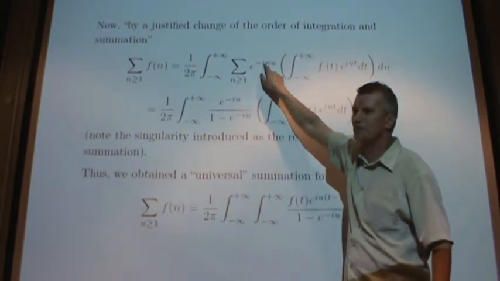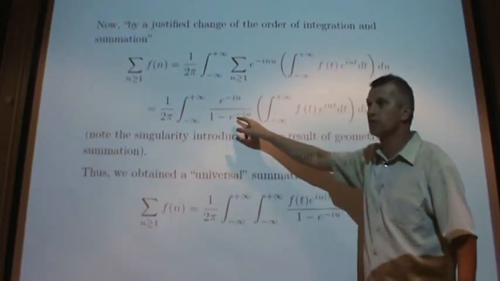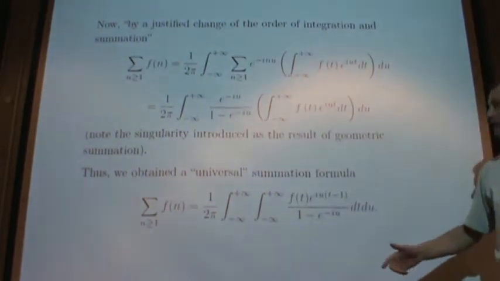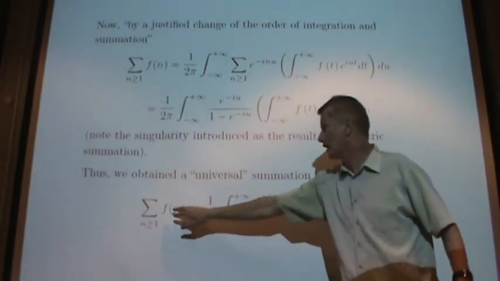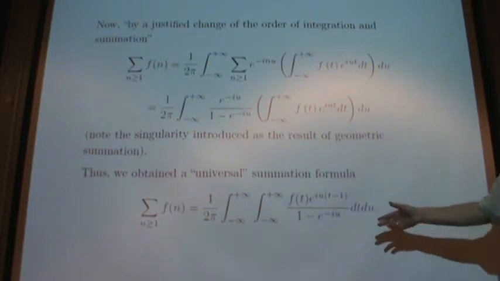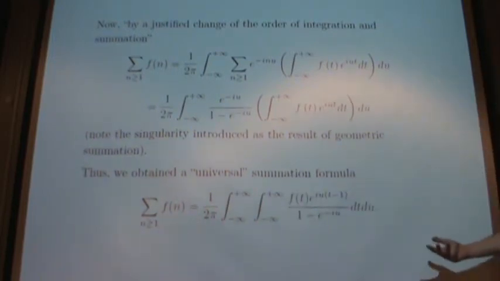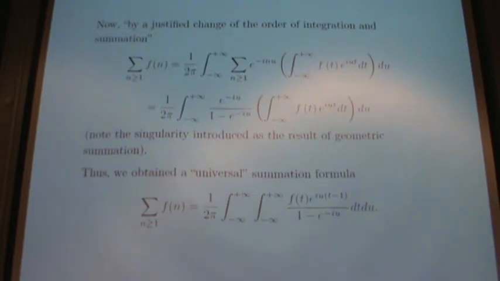Everybody knows what a geometric sum is. So we get a universal summation formula that works for every expression. I got rid of the summation sign. What I earned is a double integral, but who cares? It doesn't have summation inside, right? So this is cheating.